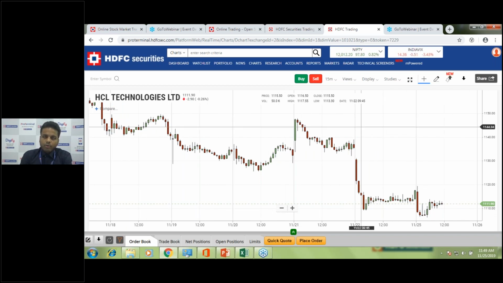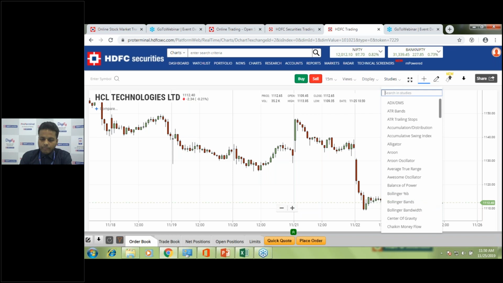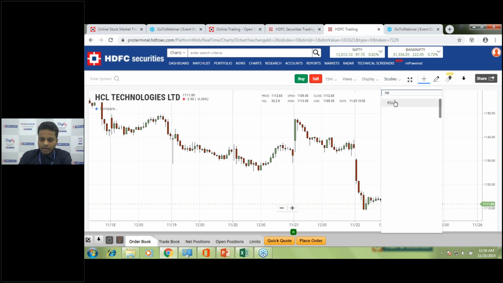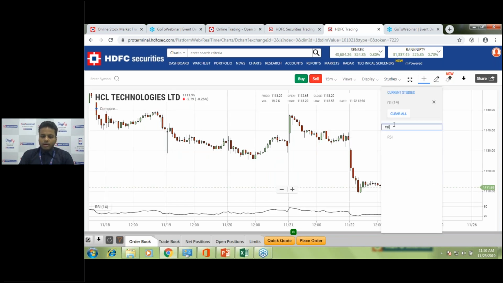So this is our ProTerminal chart, the basic chart. In case you want to add any study or any kind of technical analysis, you can do it from the study section. You have to go into study and enter the name of any indicator. So let's enter RSI and a simple moving average.